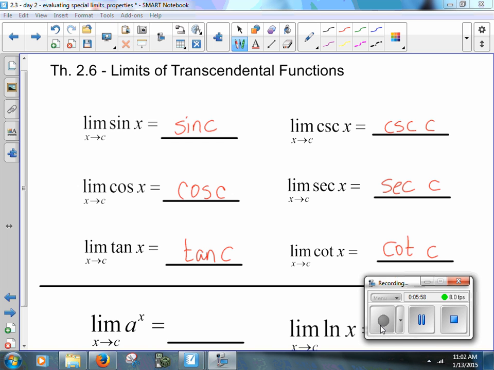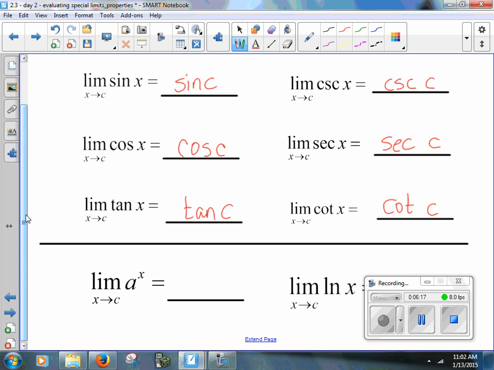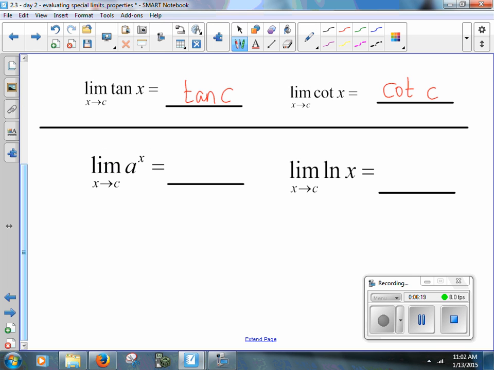I would definitely make reference to theorem 2.6, which is your limits of the transcendental functions. Those are not the most important ones that we're getting ready to go over. There are 3 special properties that we will use, and they aren't even the ones down here at the bottom. But definitely I'd reference that. And it's at minute 6 if you want to go back and watch that, okay?